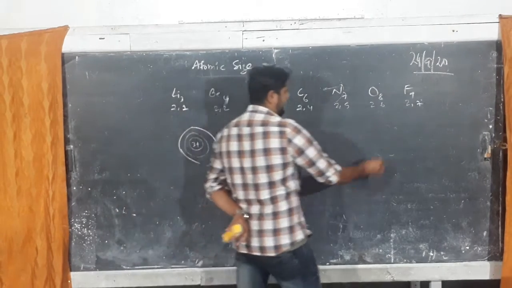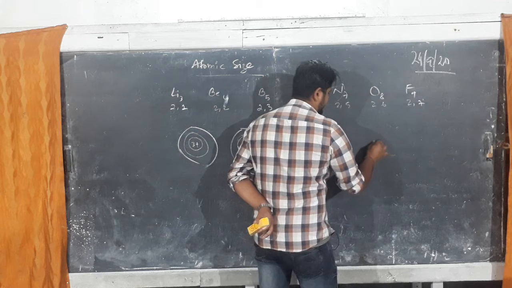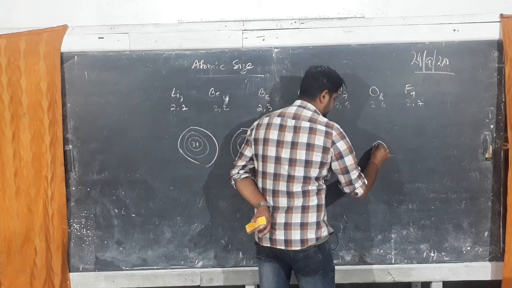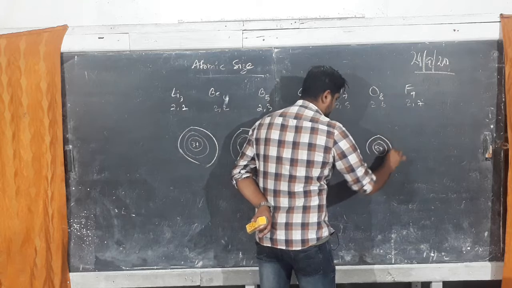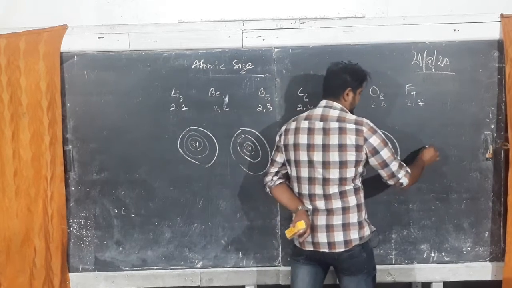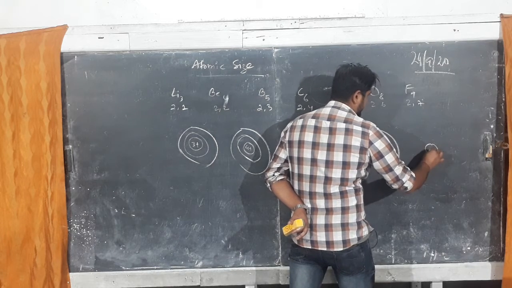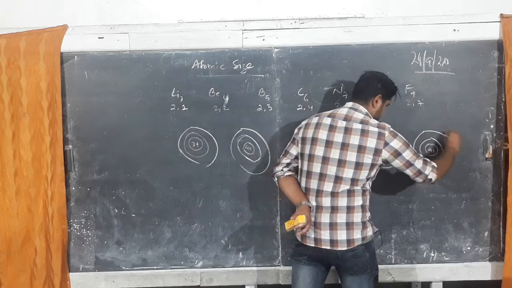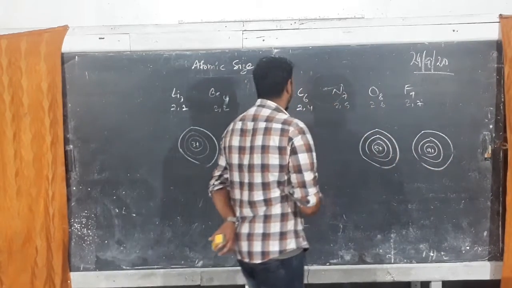Same way, oxygen has 8 positive charges, first shell, second shell. This is fluorine with 9 positive charges, first shell and second shell.